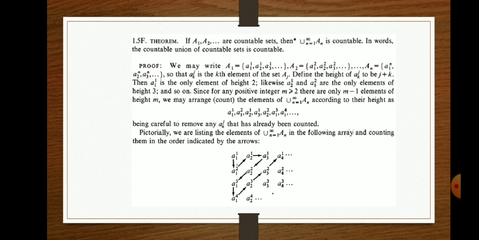So from this we can conclude the union of An is also countable, because all the elements of the union of An can be labeled: this one is the first element, this one is the second element. Like that we can arrange all the elements, so the union of An is countable.